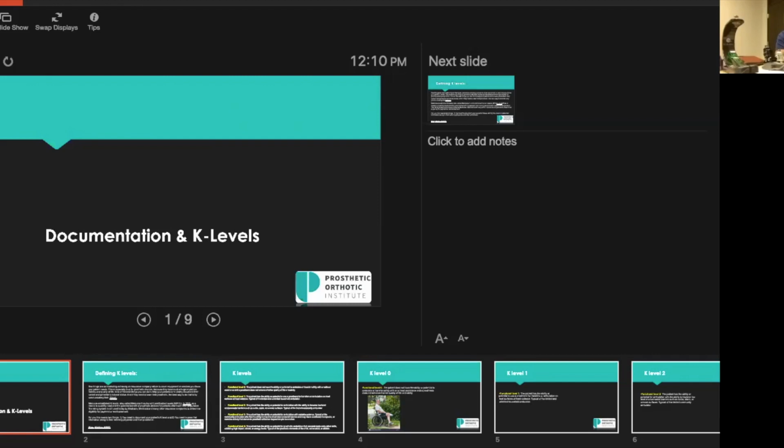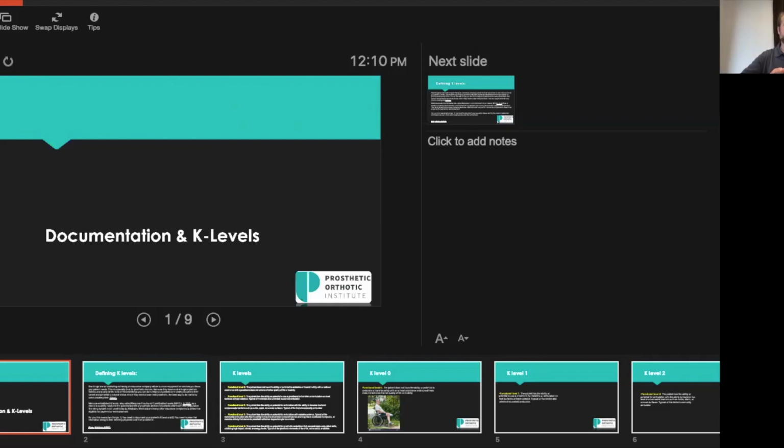And we're going to talk about how to take folks through those different tests to, in fact, find out what their K level is going to be. So as I explain this, you're going to understand, if you're a patient, if you're a referral source, if you are another clinician, obviously you're well educated and well versed on what's going on here. So keep those aspects in mind as we talk about these documentation K levels.